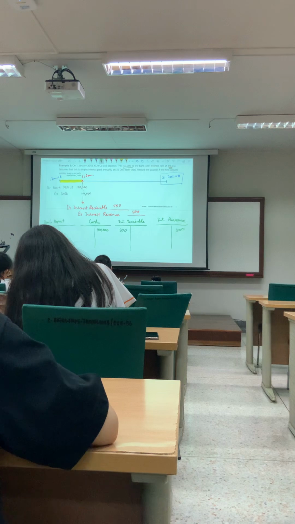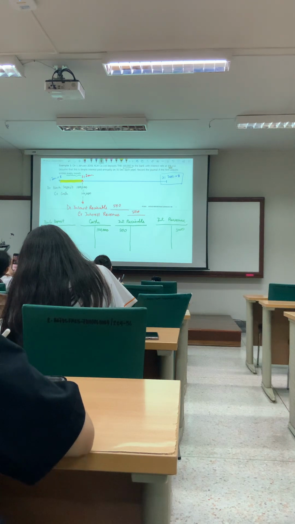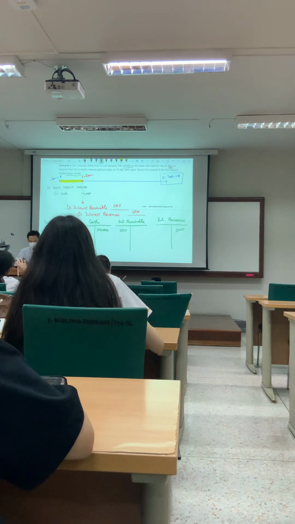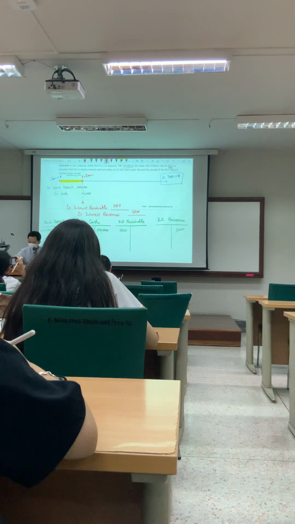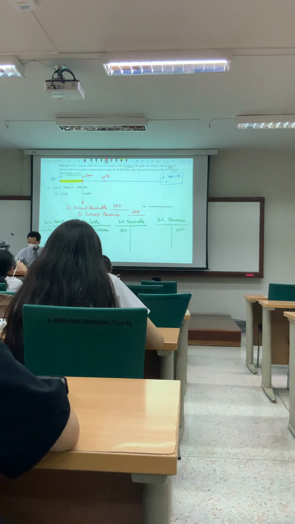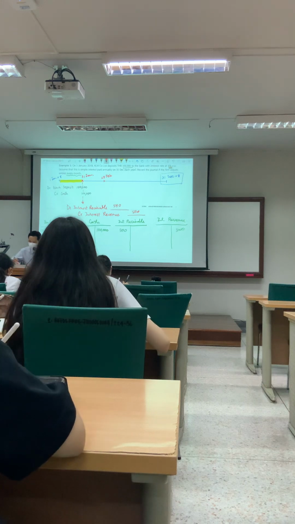Okay. Now, the next question is, when is your next adjusting entry to be recorded? 28th of February, correct? Every month means you have to record by the end of each month.